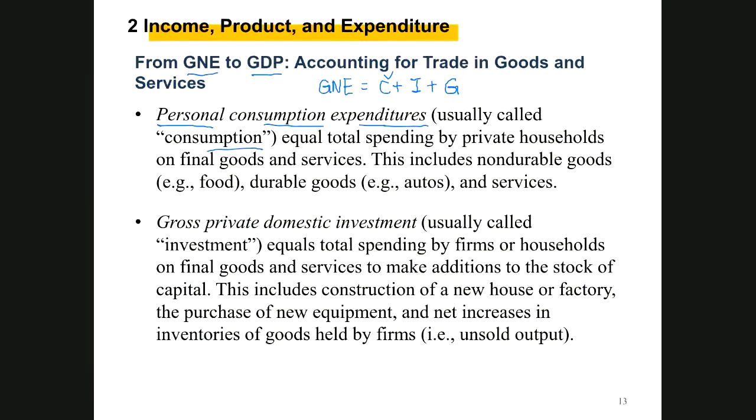It's equal to what? The total spending by private households in the private sector on final goods and services. This includes non-durable goods, durable goods, and services.